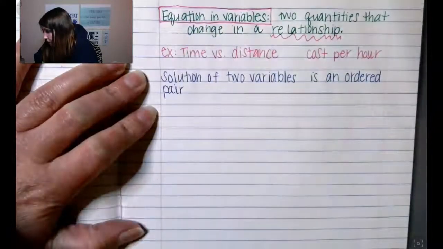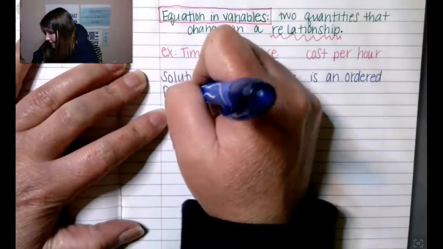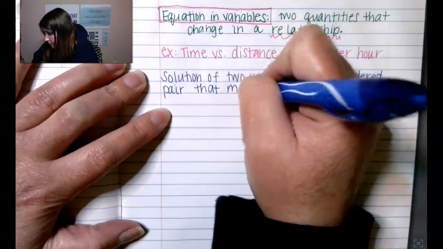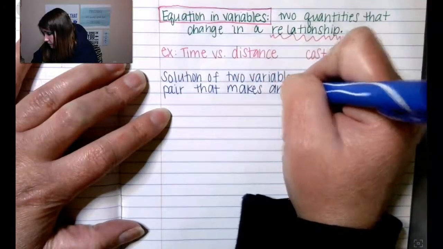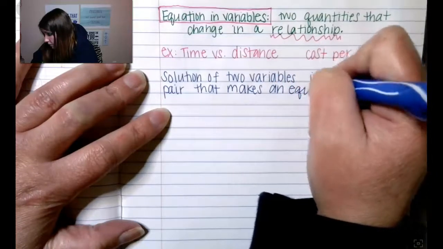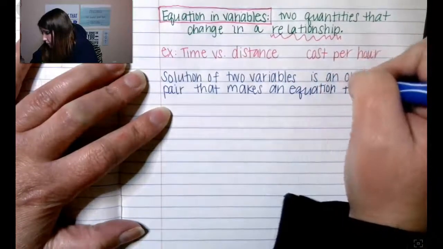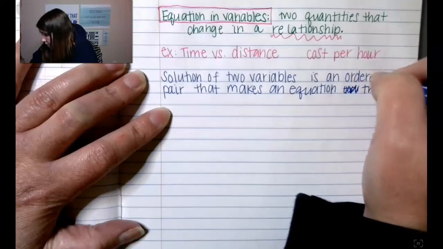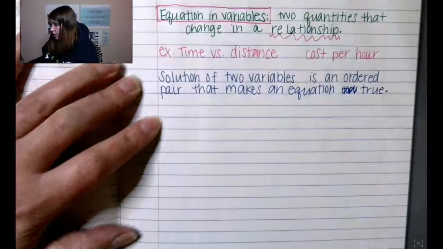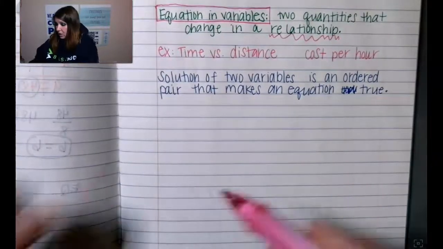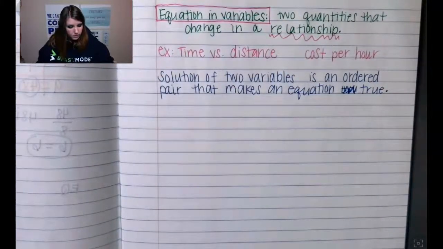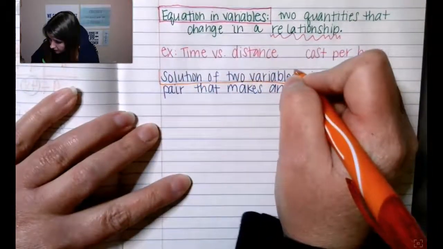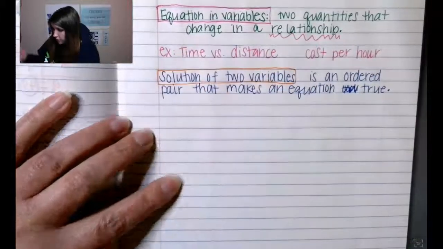Oh my goodness, my writing today. I am so sorry. Makes an equation true. Okay, so a solution of two variables is an ordered pair that makes an equation true.